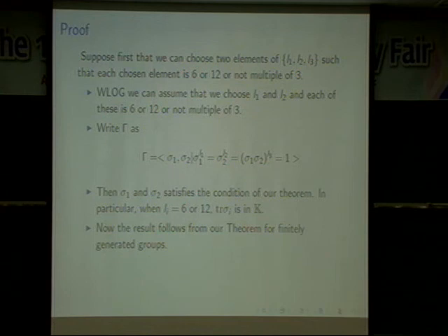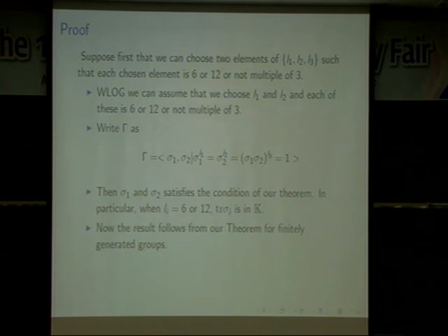So if cos square of theta is in K, then cos theta is in K. And because the trace is 2 cos theta plus 1, the trace is in K. So this is correct.